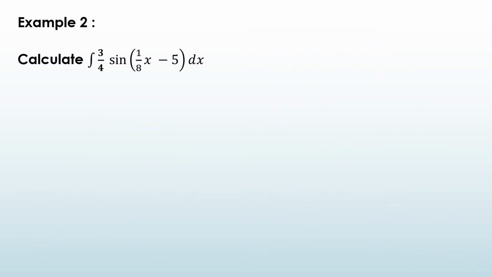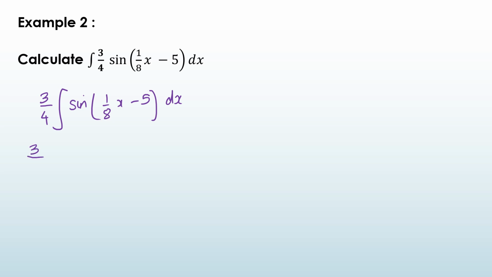Okay, moving on to our last example. This looks complex, but it is not. So we are going to rewrite this in this form: 3 by 4 sine of 1 by 8 x minus 5. If you want to use the substitution method, you can go ahead and do it.